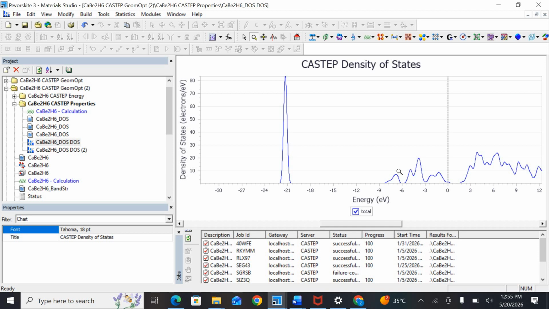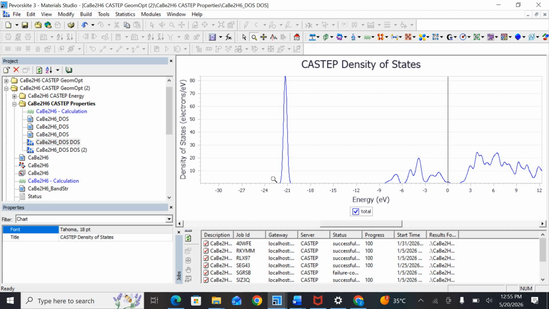let us connect band structure and DOS. We found that band structure gives us energy variation with momentum, while DOS gives us the distribution of electronic states with energy. Band structure provides directional information in k space, whereas DOS provides a global picture of electronic states. Together they give a complete understanding of the electronic structure of a material. In practical DFT analysis, we use band structure to determine band gap type, direct or indirect nature, and electronic transitions.